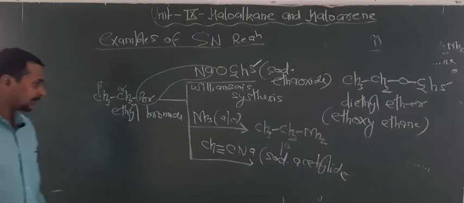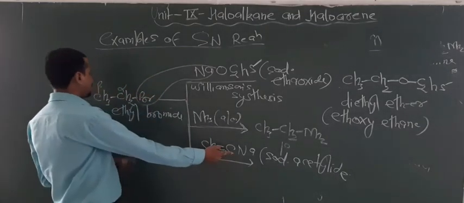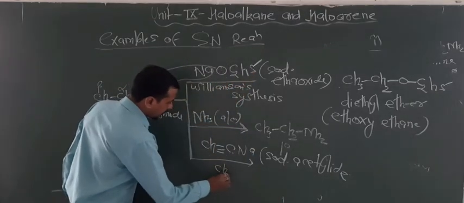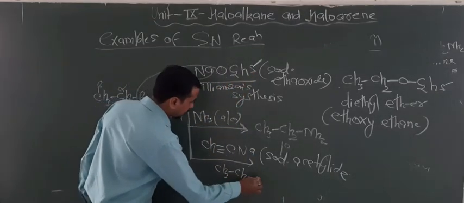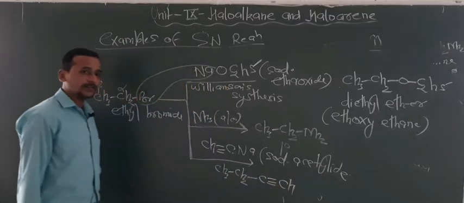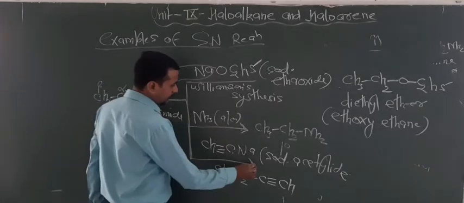Look at here what happens, the Br is removed, now this C attaches with this carbon and this will give the product CH3 CH2 single bond C triple bond CH. So now the higher alkyne can also be formed by using this type of reaction.